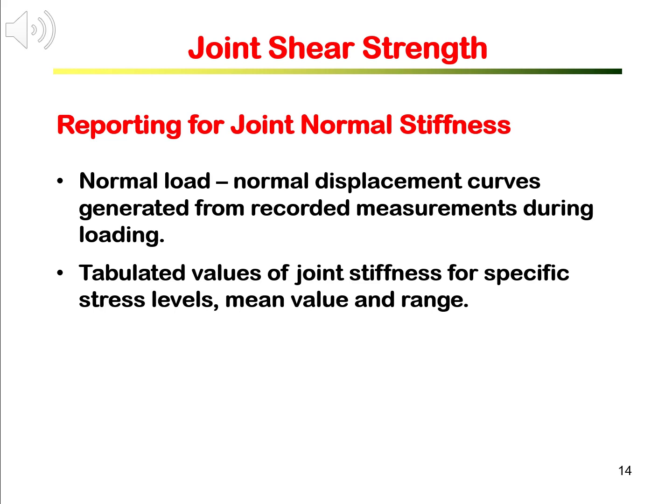The values of normal stiffness determined from the curves should be tabulated to present the normal stiffness at a specific normal stress level. With a number of joint specimens, mean value and the range of values can also be calculated and presented.